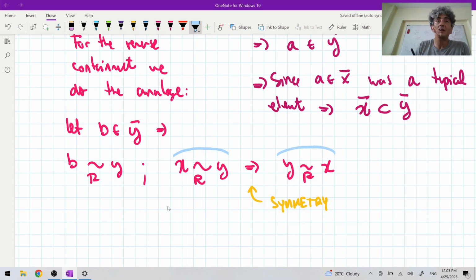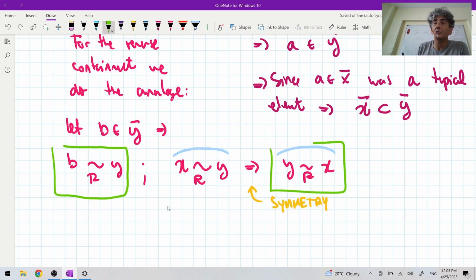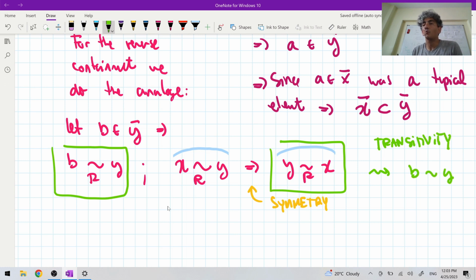And now we use transitivity. B related to Y and Y related to X. That means that B is related to X, I'm sorry.